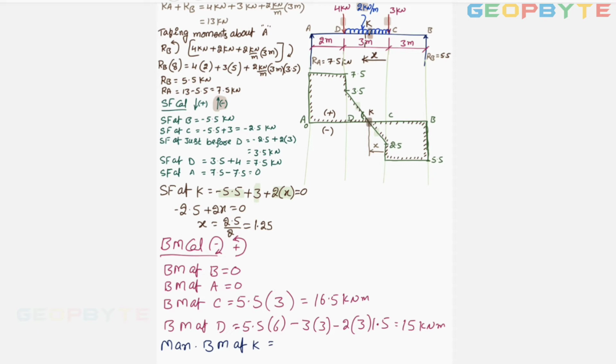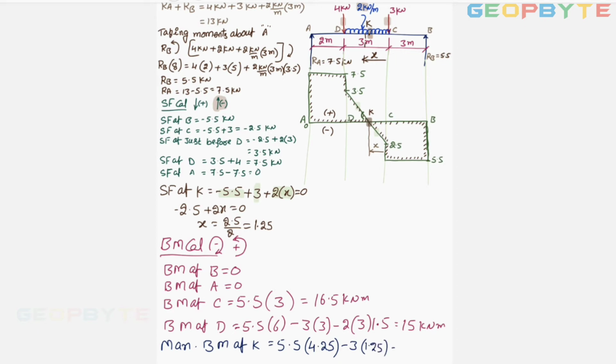So bending moment at K equals the moment due to the reaction developing the anti-clockwise moment, 5.5 into 3 plus x. x is 1.25, so 4.25, because 3 plus 1.25 is 4.25. Should be very careful in the limited space. Minus 3 into the distance up to K, which is 1.25.